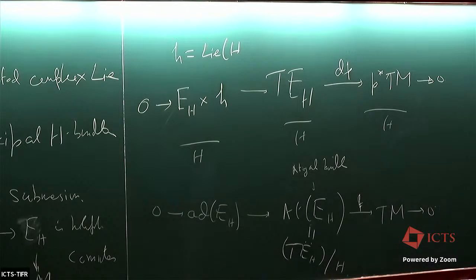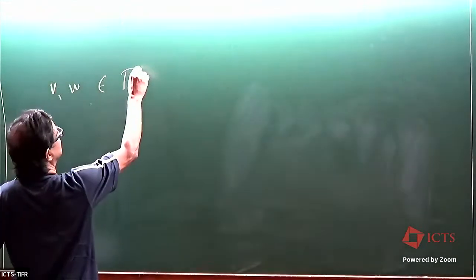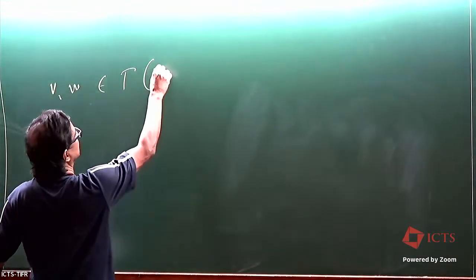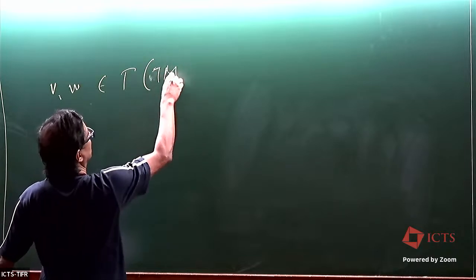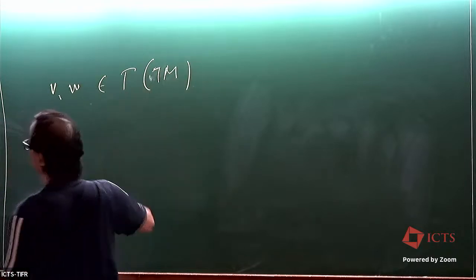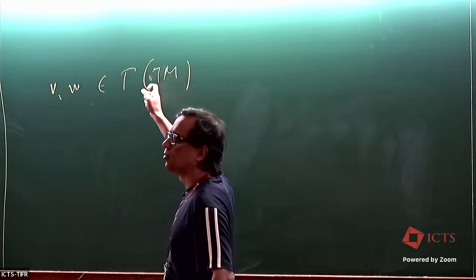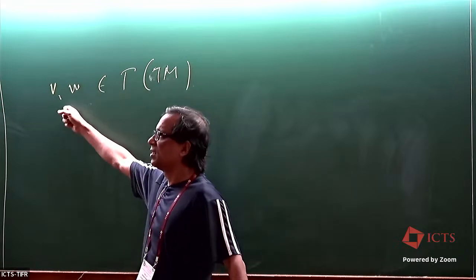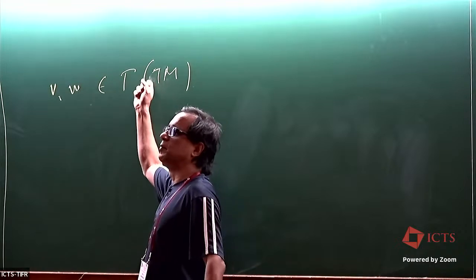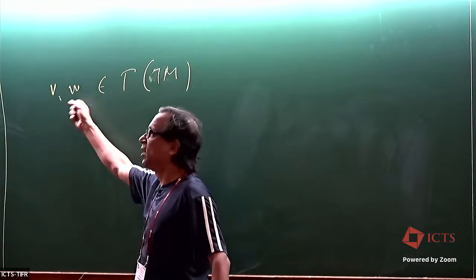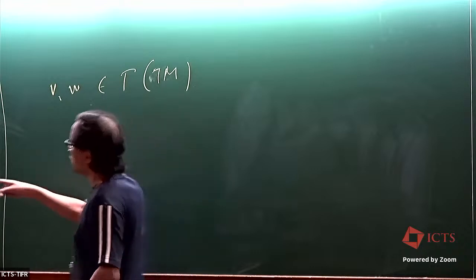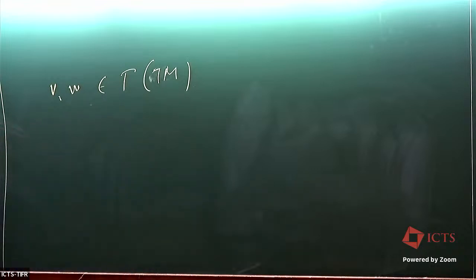Suppose you have vector fields V and W, sections of T of M, locally defined vector fields. I'm writing T of M, but I'm not demanding a globally defined vector field. Think about the sheaf, that means locally defined holomorphic vector fields. Suppose you have a connection like this, delta.